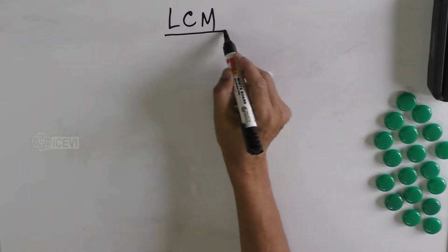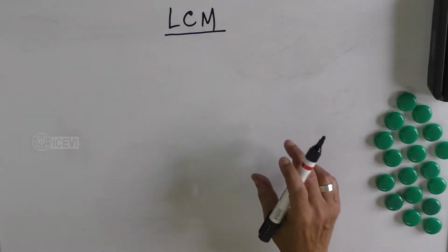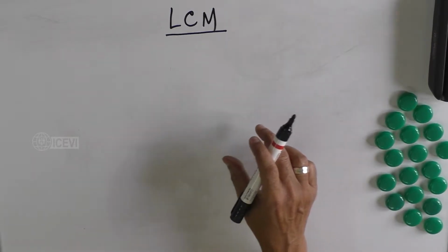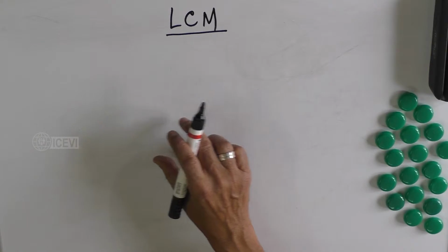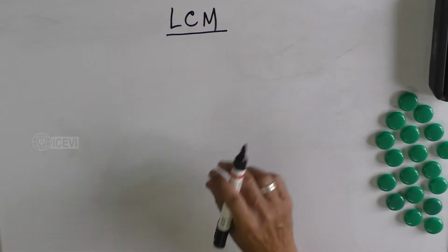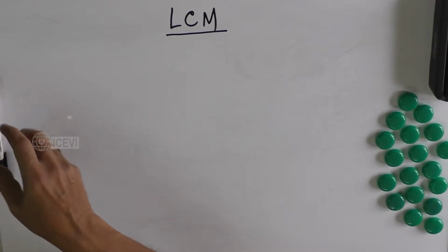First we have to define the concept of multiple. The term multiple denotes a number that may be divided by another number a number of times without leaving a remainder. So what do we mean by this?